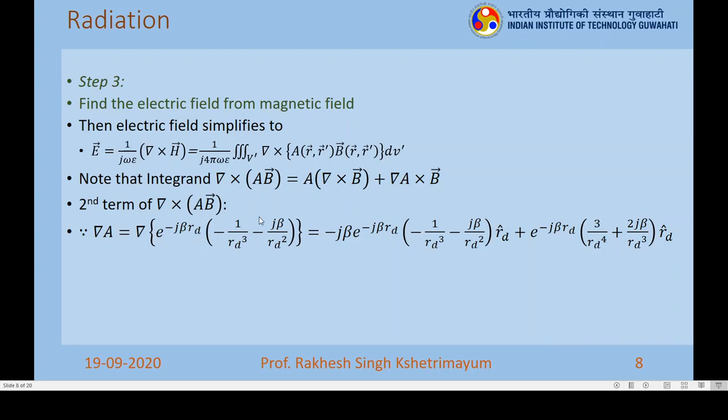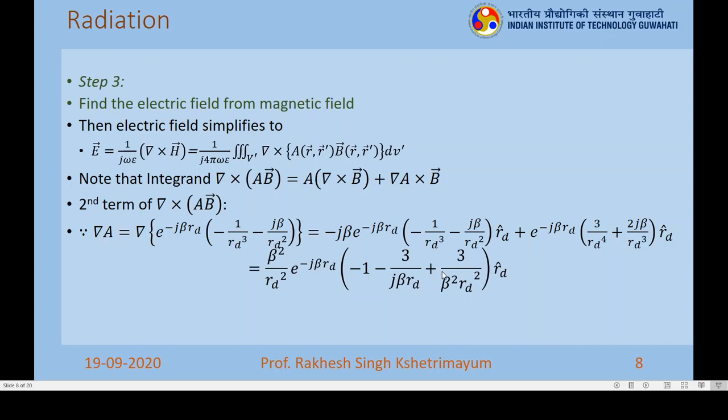One is exponential, another is inside this first bracket. So del will operate on the exponential function and multiply with the function inside the bracket, plus del will operate on the function inside the first bracket and multiply with exponential j beta rd. So when we do that, we have the expression for the gradient of A.